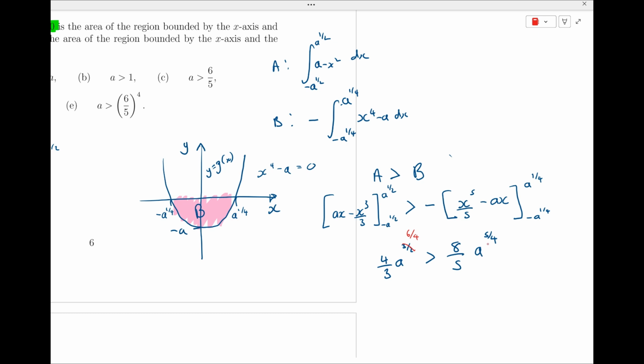Clearly, we'll divide by a to the 5 over 4, and with a little bit more algebra, that will get us to a to the quarter is greater than 6 over 5, and therefore a is greater than 6 over 5 to the 4, which is answer E. It's E there.